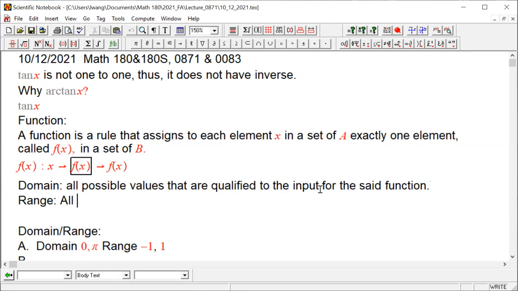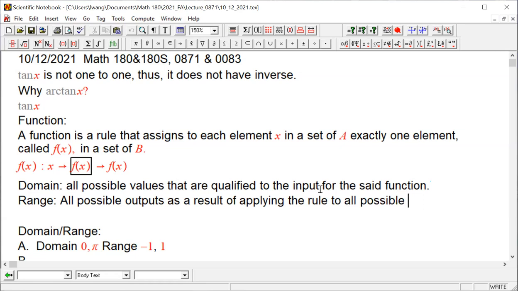All possible outputs as a result of applying the rule of function to all possible inputs.